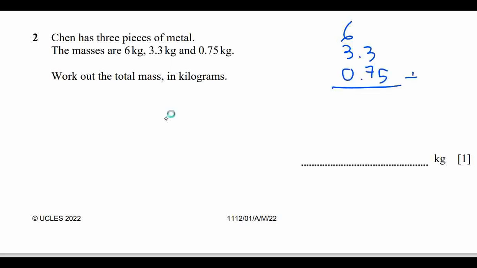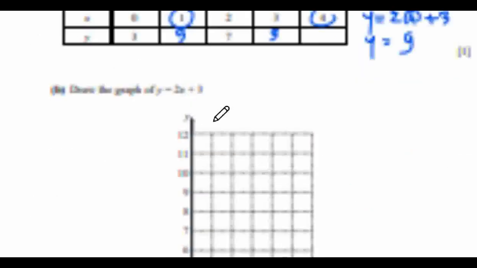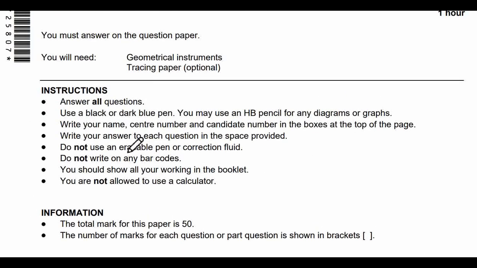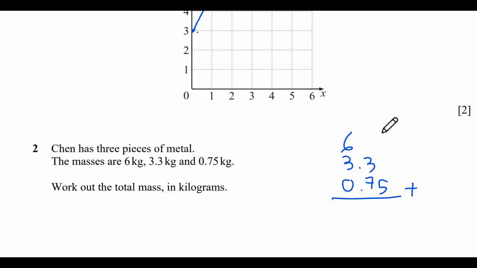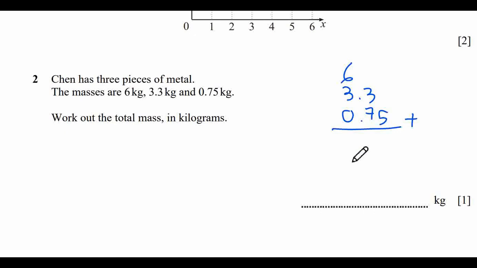By the way, this is paper 1, and in paper 1 we are not allowed to use a calculator, so everything has to be found manually. Here we go, so we count here. It will be 5, 7 plus 3 is 10, carry 1, 3, 9 plus 1, 10. 10.05 will be our answer.